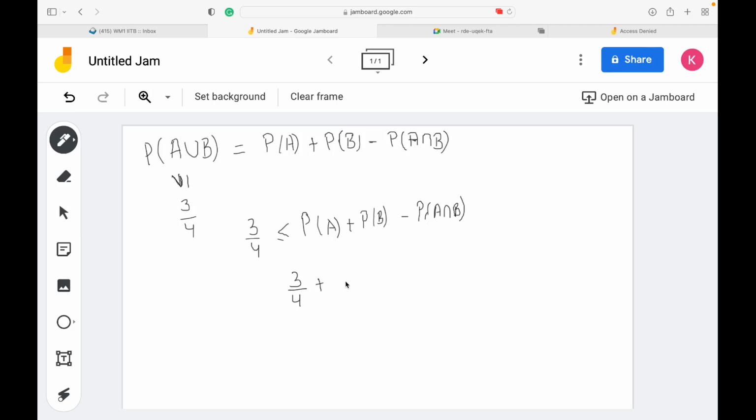So we can write that 3 by 4 plus probability of A intersection B is less than probability of A plus probability of B.